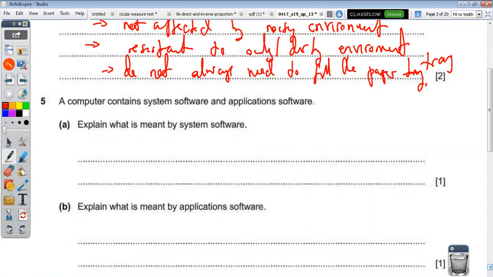What is system software, and what is application software? From your head, what do you think is system software? Tanato, you're quiet. What is system software?